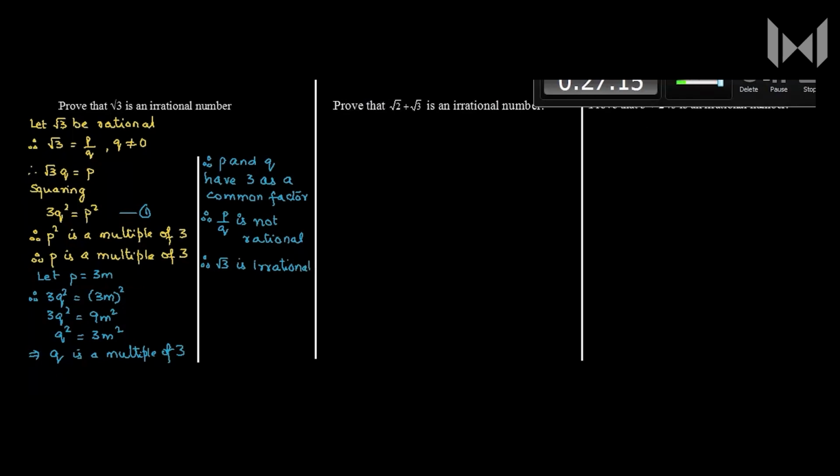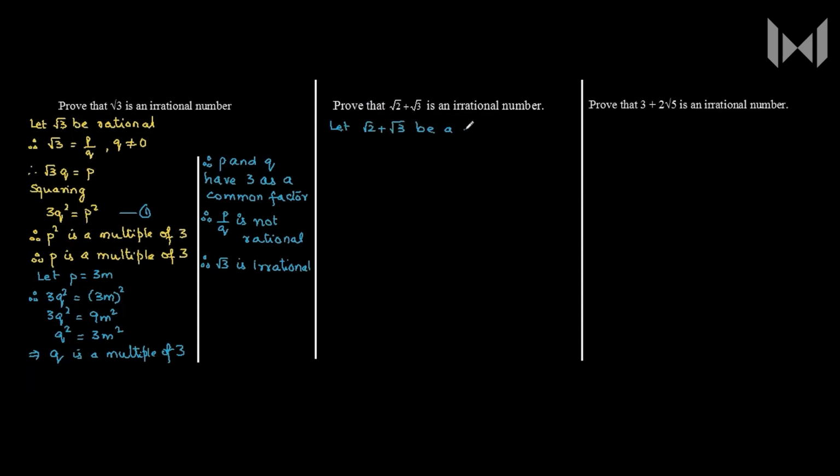Now let's try to prove the other part, that is prove that root 2 plus root 3 is an irrational number. So once again we start with, let root 2 plus root 3 be a rational number, and therefore root 2 plus root 3 is equal to m, where m belongs to Q. Q means the set of rational numbers.